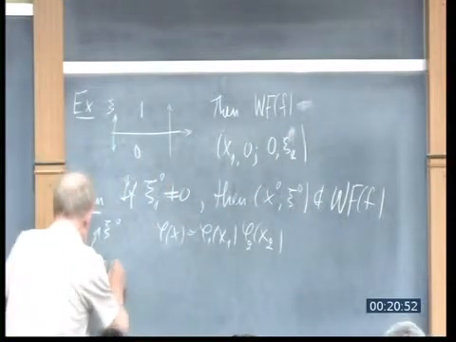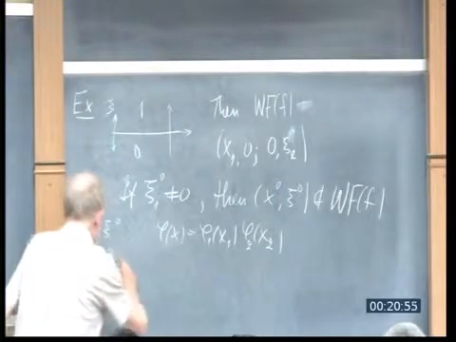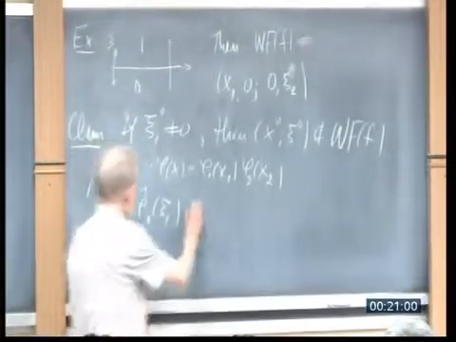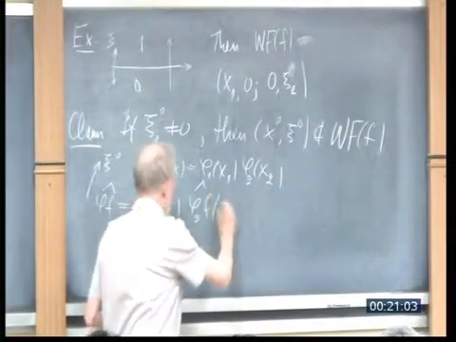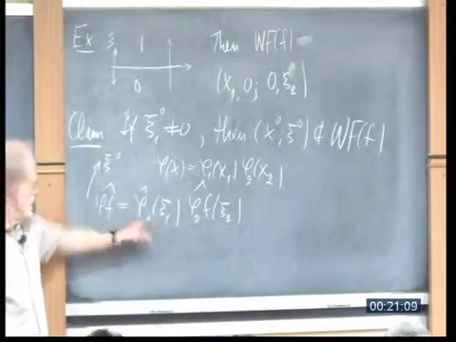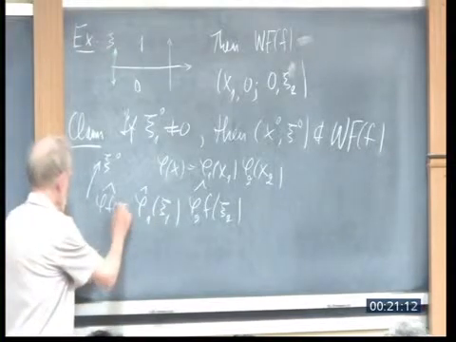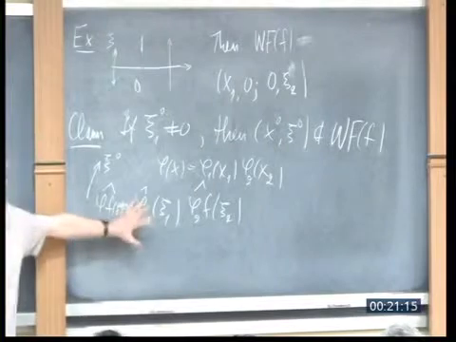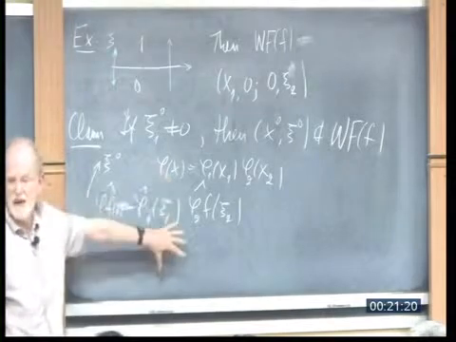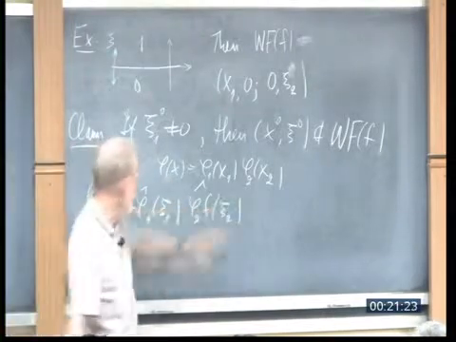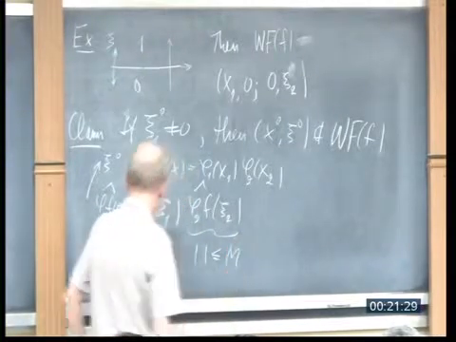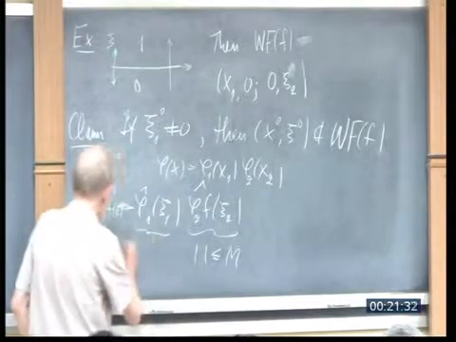Then the Fourier transform of phi f, since f doesn't depend on x1, can be factored like this. Now this factor is just a smooth function, it decays fast. And this is certainly bounded. And this decays fast.